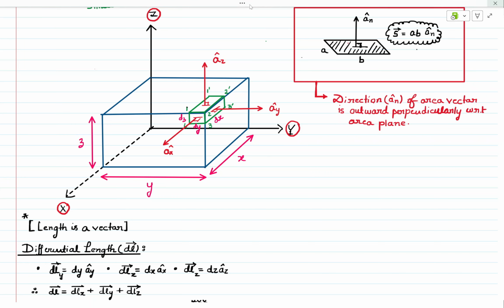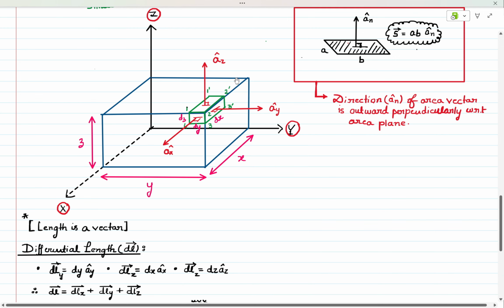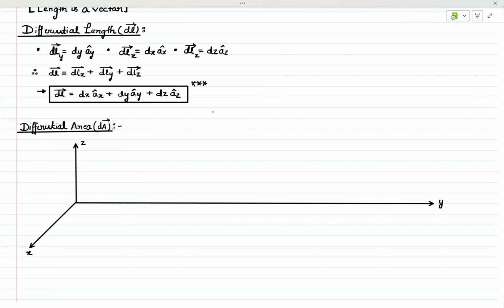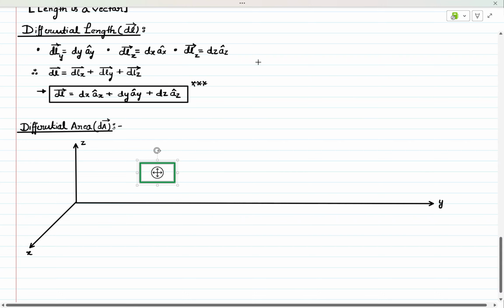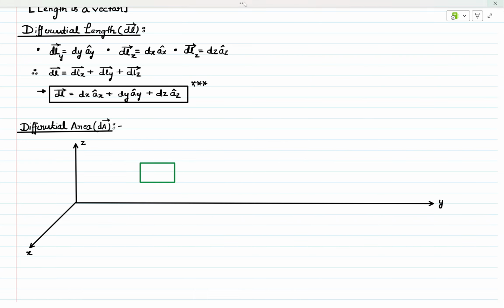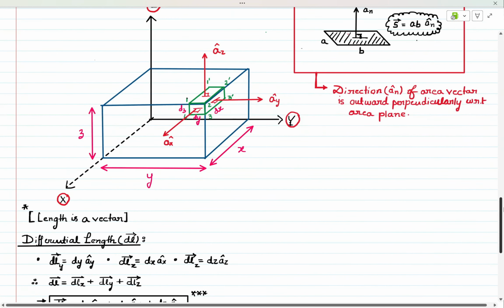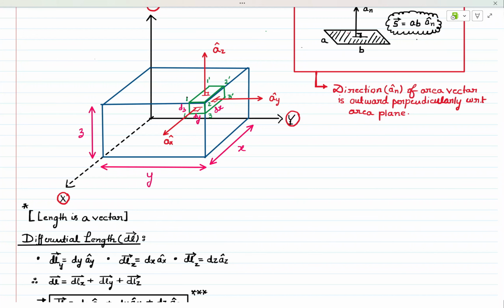So I am drawing these three areas differently on this coordinate system again. First area, what you can see over here, this is one area that has been denoted by 1, 2, 3, 4, right?